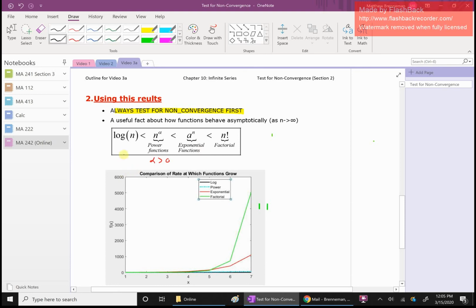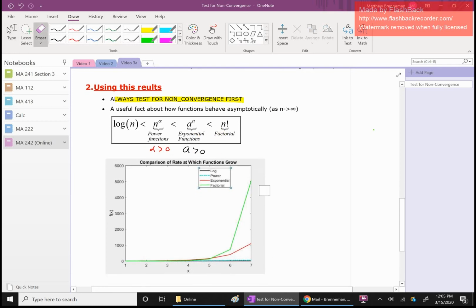So this says that the natural log grows less fast than power functions that have positive exponents, which grow at a slower rate than exponential functions. Okay, and obviously here for the exponential functions, a has to be greater than 0. This is alpha, an exponent. This is a base, and this grows less than the factorial.